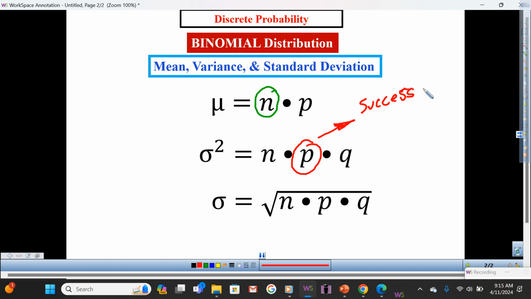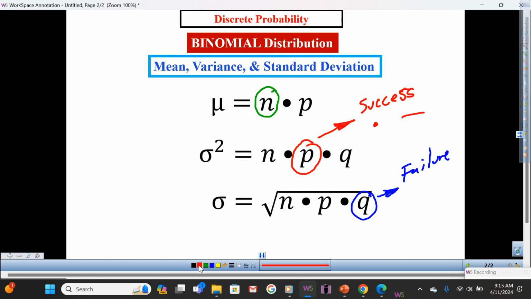And that one is represented in percentage, but we usually use a decimal or a fraction. So if that is true, remind your neighbor what Q stands for. Everyone? Yes, that's the failure, or the complementary of P.